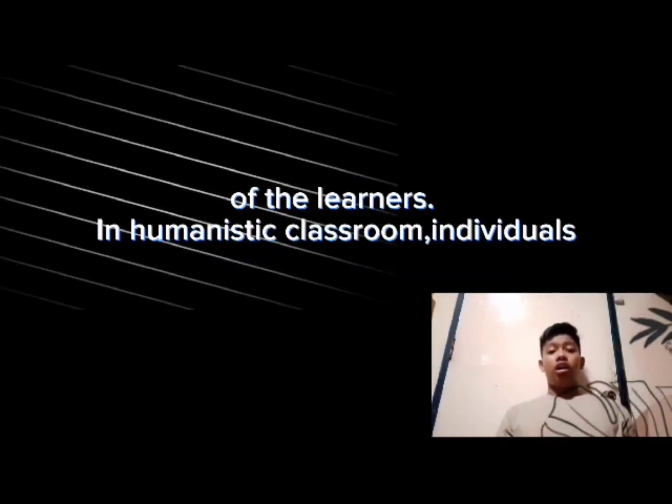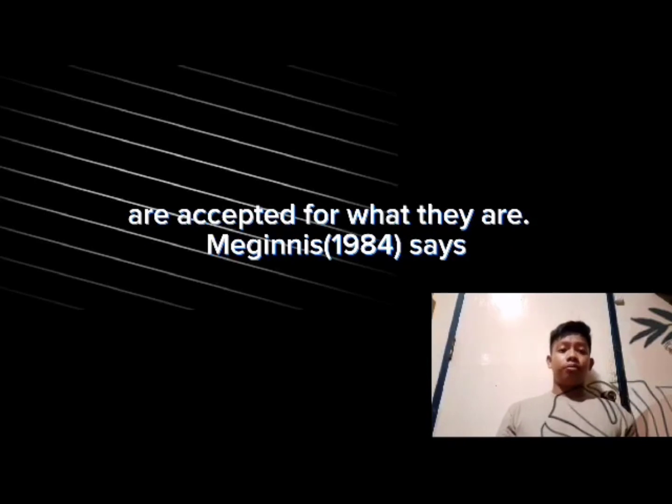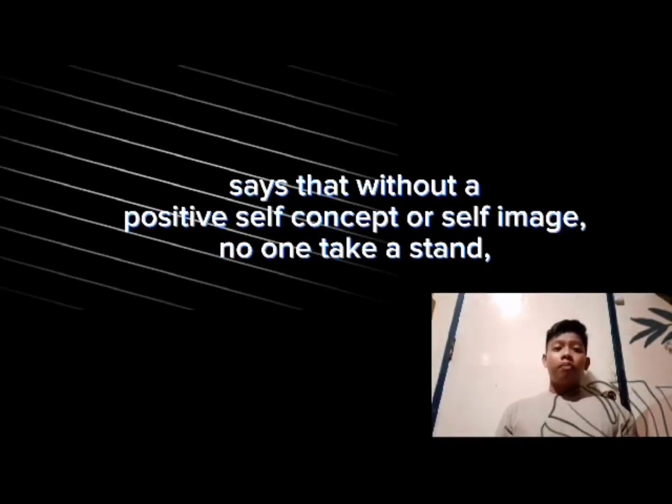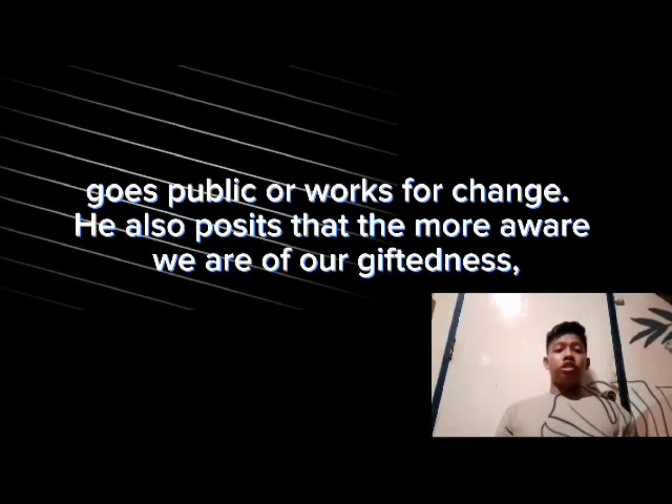In a humanistic classroom, individuals are accepted for what they are. Yes, 1984 says that without a positive self-concept or self-image, no one stands, goes public, or works for change.